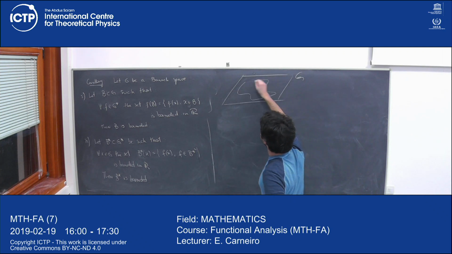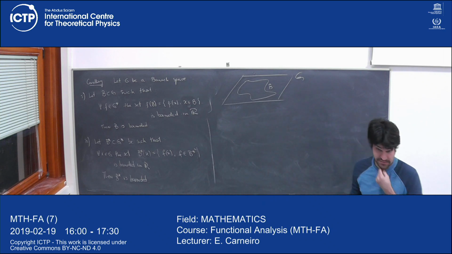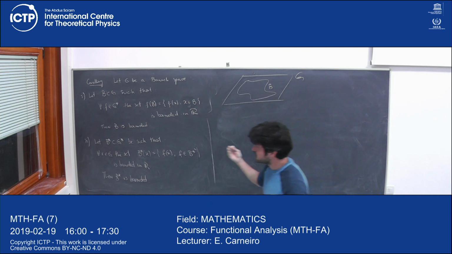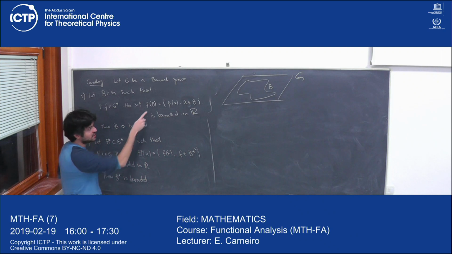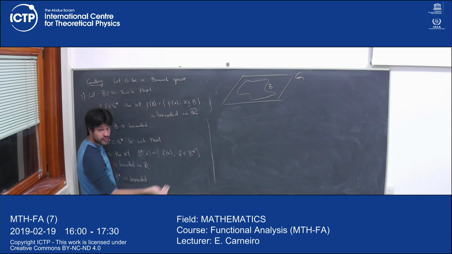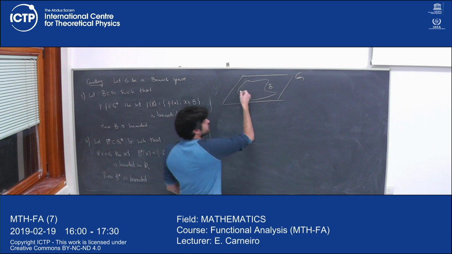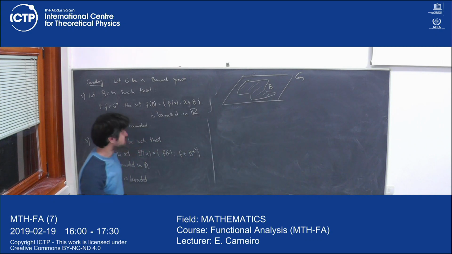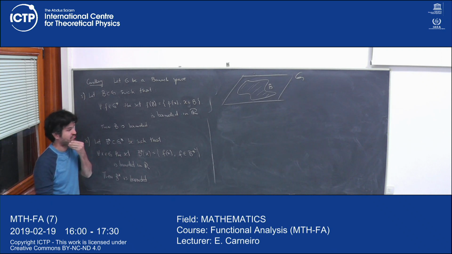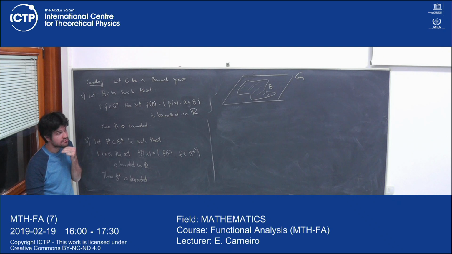Here you have a certain crazy set B. I'm assuming that for any f in the dual space G star, any linear functional, the set f of B, the set of images of this set B, this is the set of f of x with x belonging to B, is a bounded set in R. The conclusion is that this set B must be bounded.